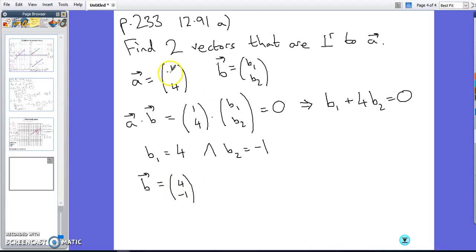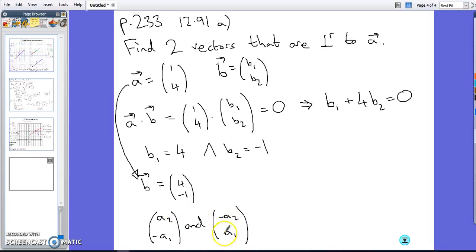And that actually always works. If you flip the components upside down and make one of them negative, then these two vectors will always be perpendicular to one another. So (A2, -A1) and (-A2, A1).